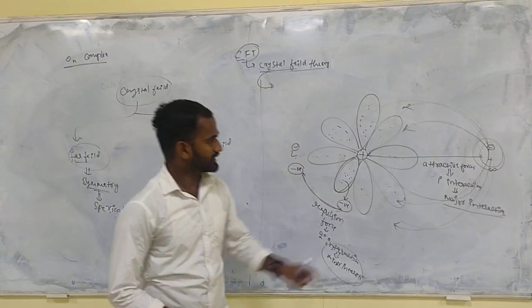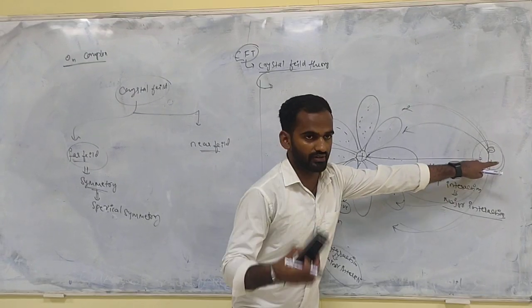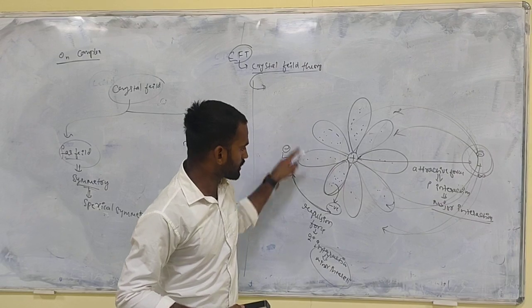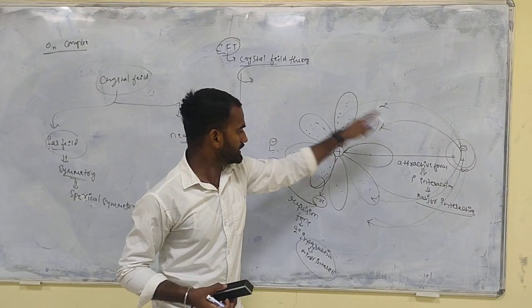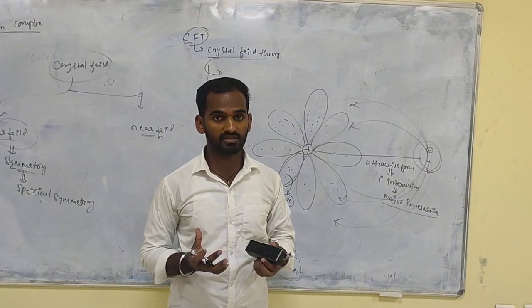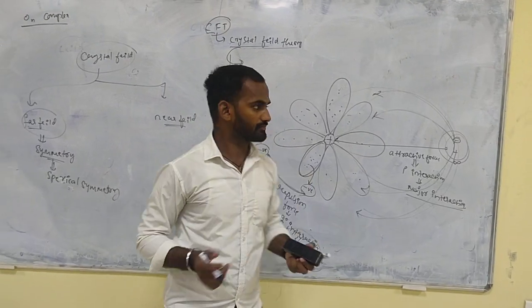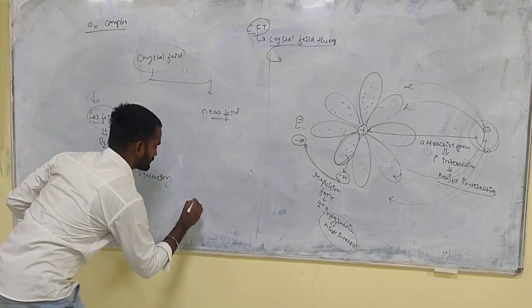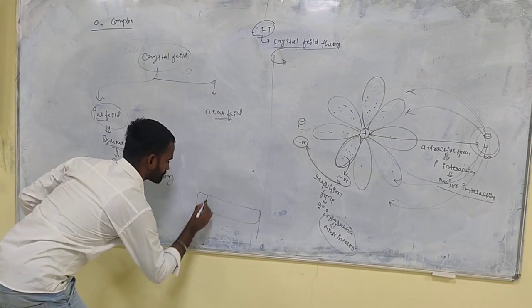If the ligand is producing a field which is spherical in shape, it means all the d orbitals will face the same repulsion. I will explain.